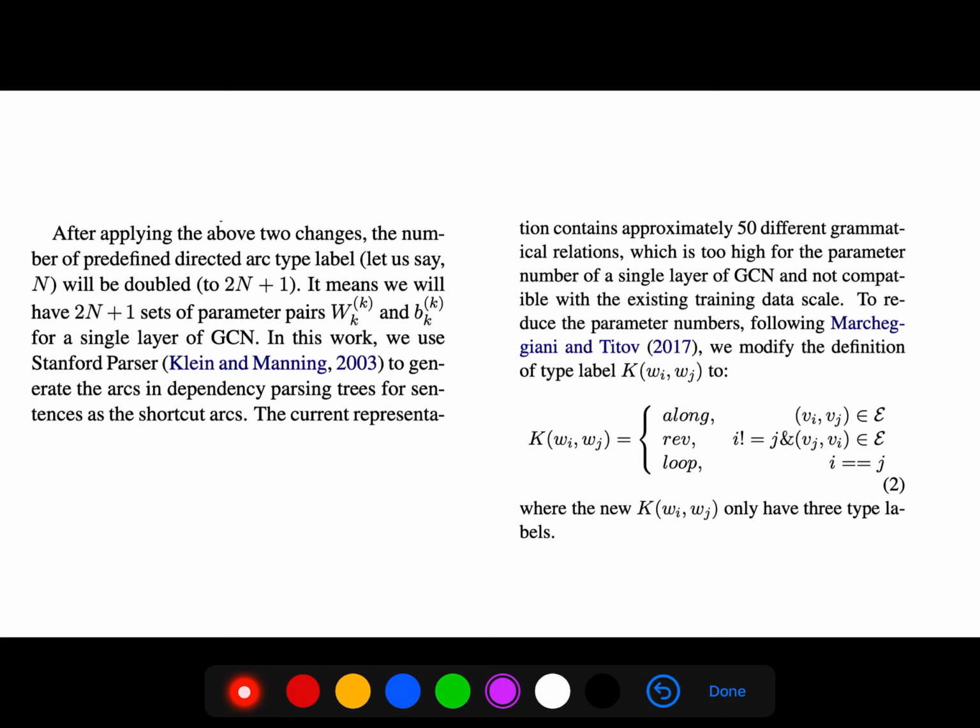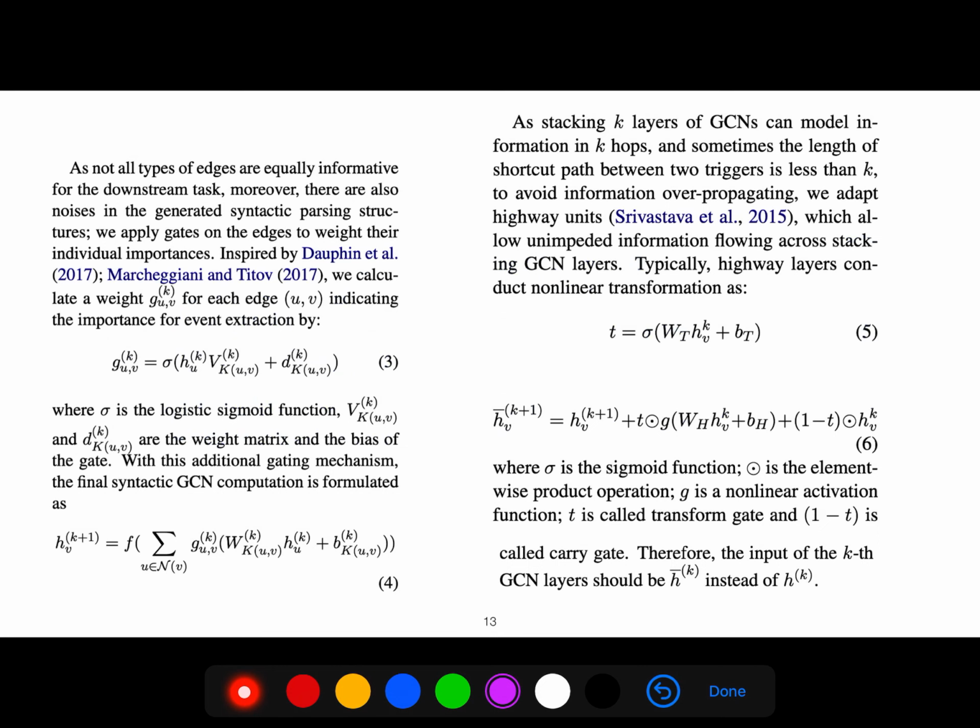Everything is standard, but to reduce the number of parameters, we modify the definition of type label. So the new K only has 3 type labels. And we calculate a weight for each edge as well. With this additional gating mechanism, this is the final syntactic graph convolutional network.